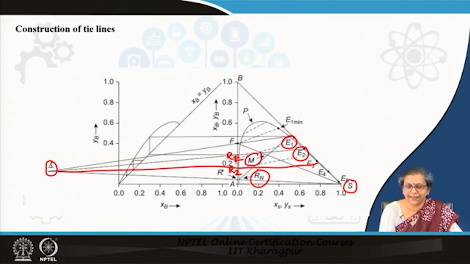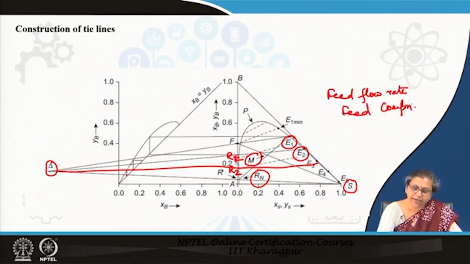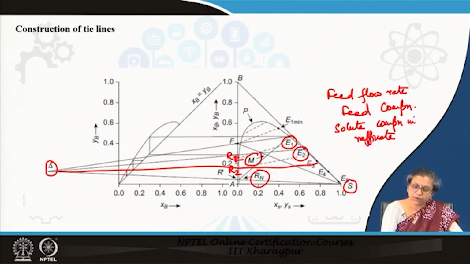Now, there is one thing left. Normally, when you are given a problem, you are specified the feed flow rate, you are specified the feed composition, and you are also specified the final solute composition in the raffinate. And as I have told you that this is usually specified after the solvent recovery.